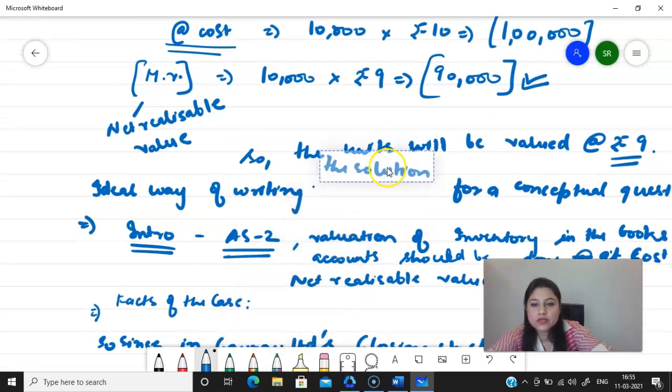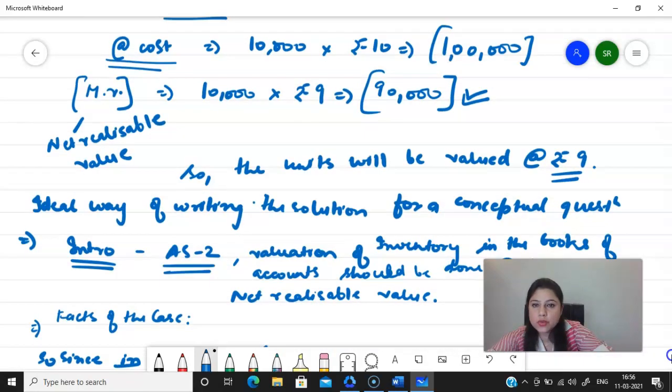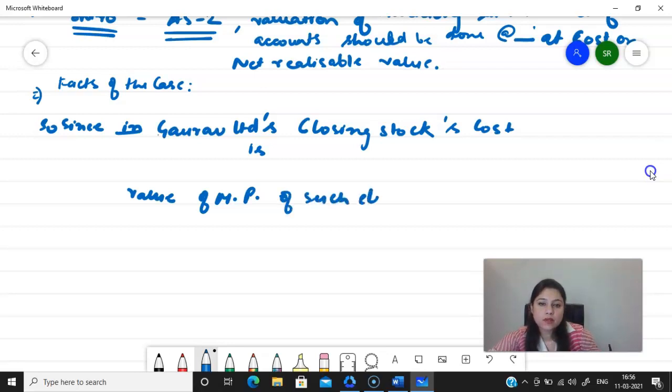Whatever working we have done above, you can put down in the facts of the case: Gaurav Limited's closing stock costing rupees 1 lakh, and the market price of such closing stock is 90,000, by showing the calculation 10,000 into rupees 9.